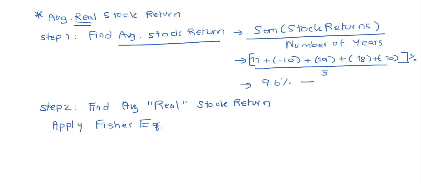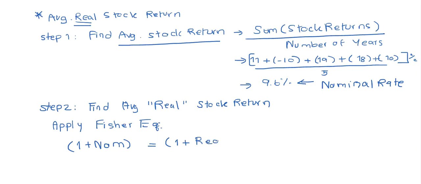So this is the nominal return, nominal rate, right? Because of what? Because it's already including inflation. We have to exclude inflation in order to find average real stock return. So Fisher's equation says that 1 plus nominal rate equal to 1 plus real rate times 1 plus inflation.